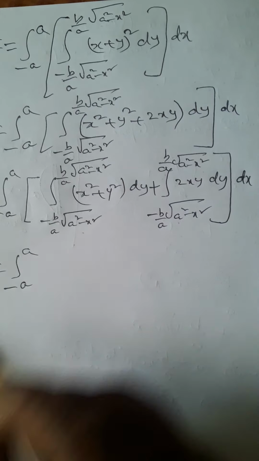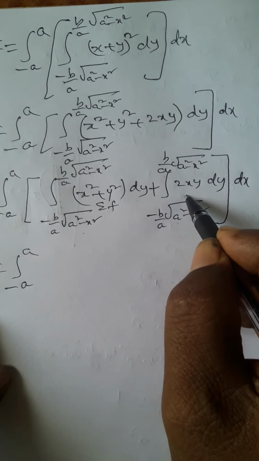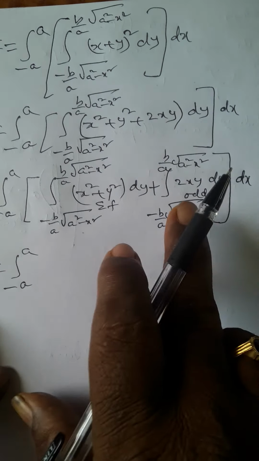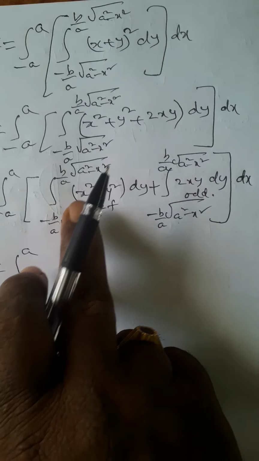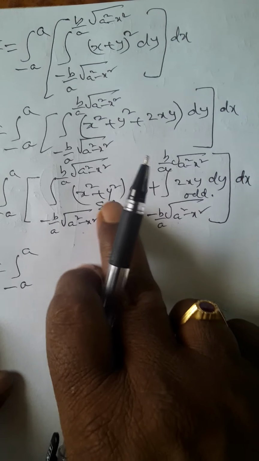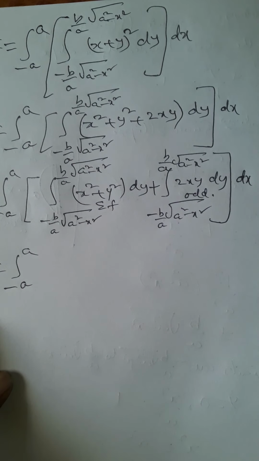This is an even function, and this is an odd function: 2x constant into y means odd function. Y cube, y power 5, etc. are odd functions. Y power 0, that means 1, y square, y power 4 are even functions. Here x square and y square are there, so with respect to dy, y square is an even function, and x square into y power 0 is also an even function.